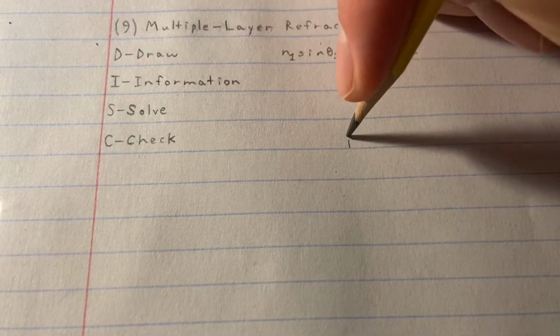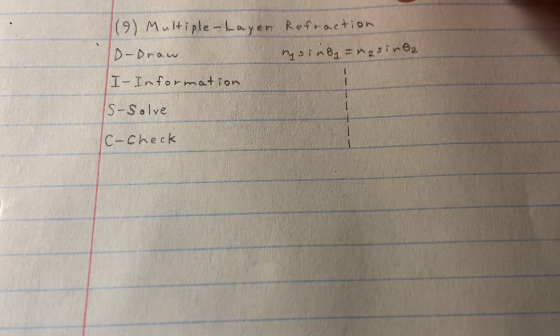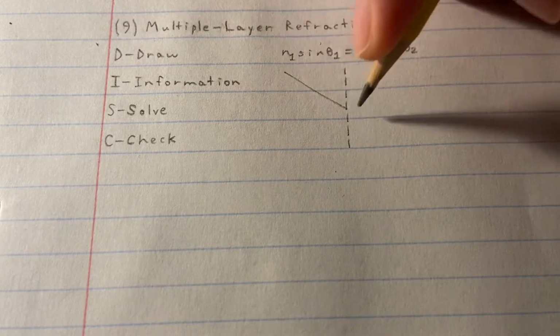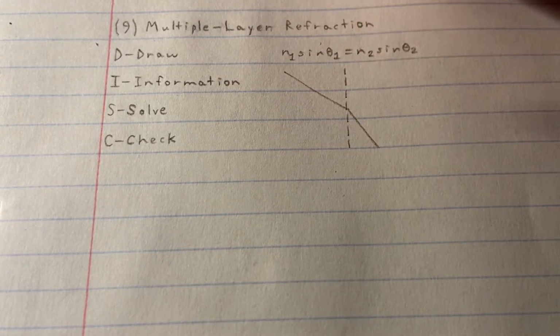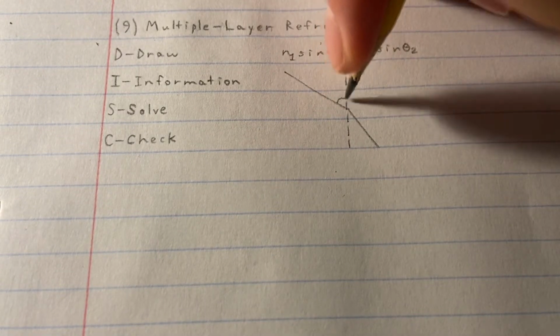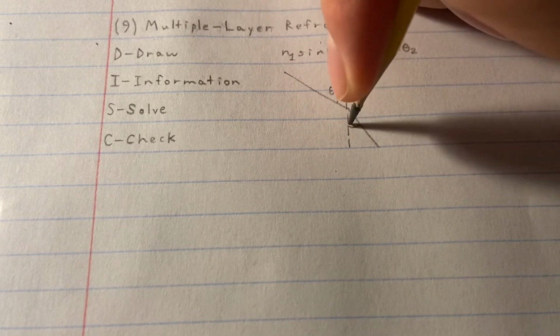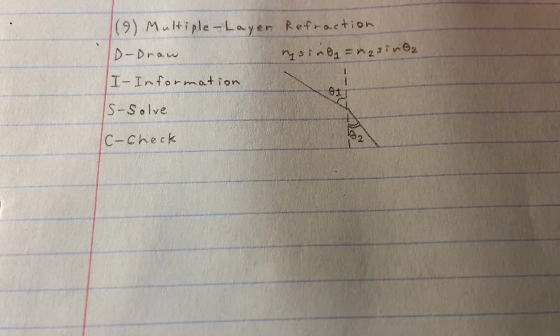Now, the normal can be expressed just as a vertical dashed line. And generally, as light travels here and becomes refracted, just imagine it's refracted by an arbitrary angle. These angles here, these, will be the angles from the normal.